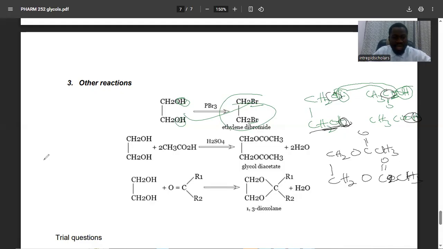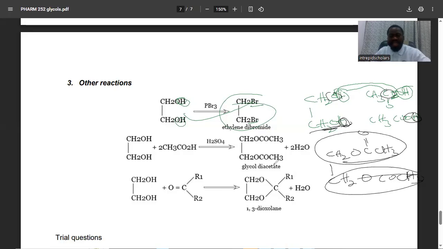Or I can just simply leave it like that. Let me just leave it like that so that I'll have two different ways of representing. I'll leave it like this, CO, right? So this is the ester. So this is a diester, right? Ester here, glycol diacetate. That's ethylene glycol diacetate. Very simple.